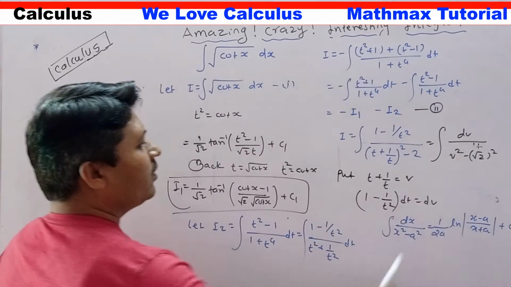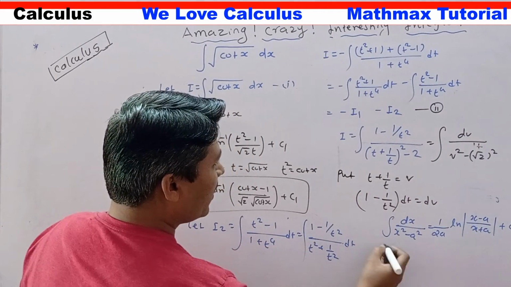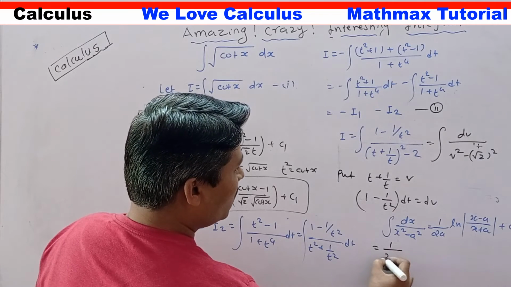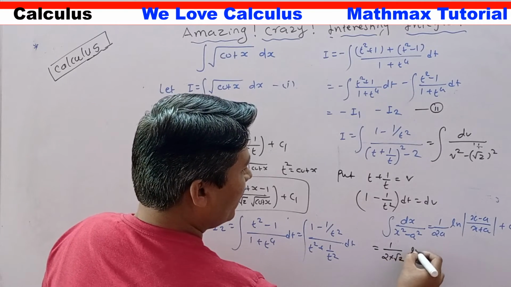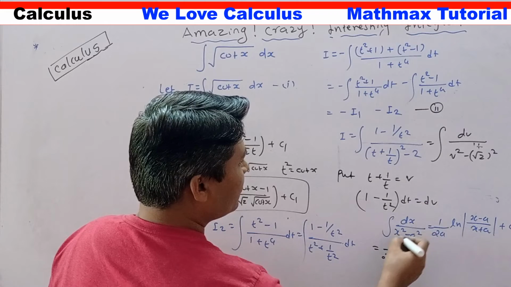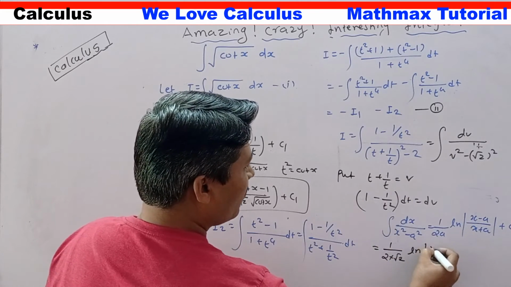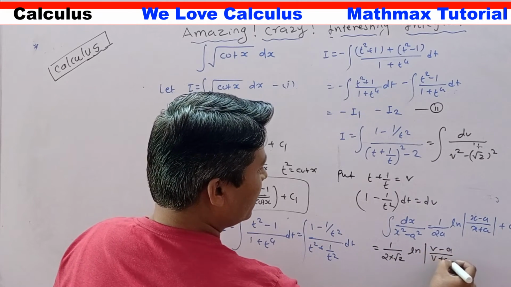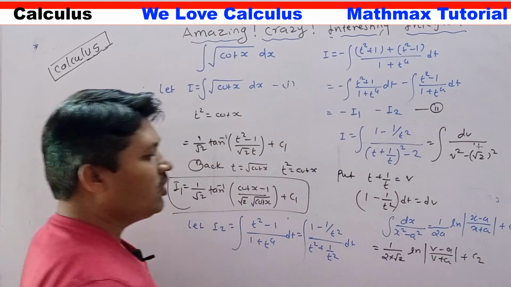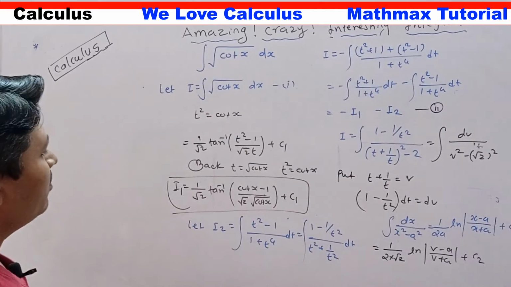Then this equation becomes 1 upon 2 into root 2, ln of (v minus a) divided by (v plus a), plus c2.